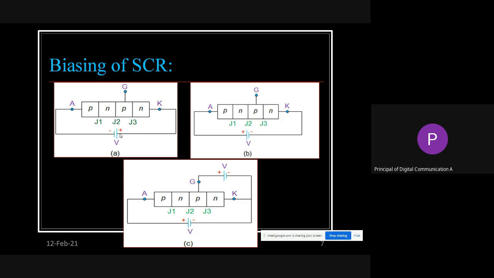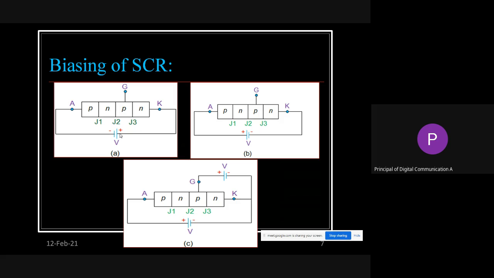With reference to figure C, we are going to learn that. First we will see figure B. In this mode, junctions J1 and J3 will be in forward bias. J1, J3 will be in forward bias. But at the same time, J2 will be in reverse bias.